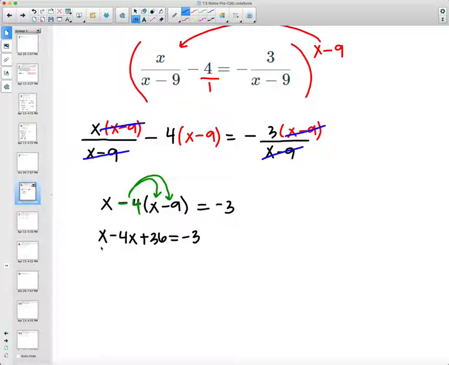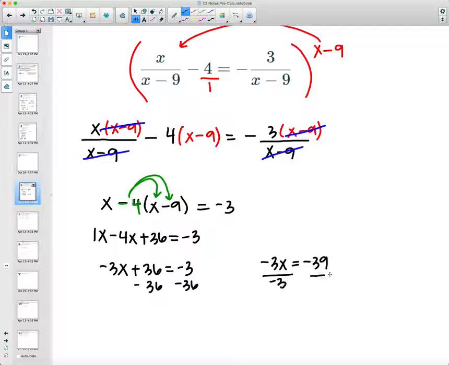Then we can combine like terms: 1x minus 4x is negative 3x, plus 36 equals negative 3. Subtract 36 from both sides so that you end up with negative 3x equals negative 39. Divide by negative 3 and you'll get x equals 13.